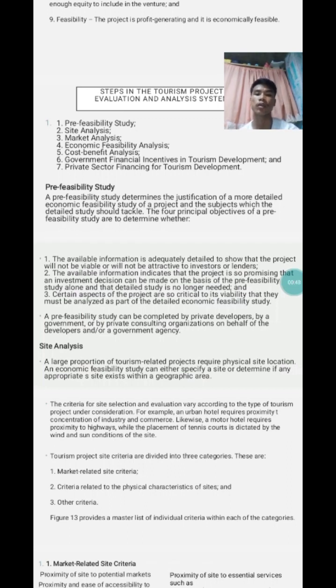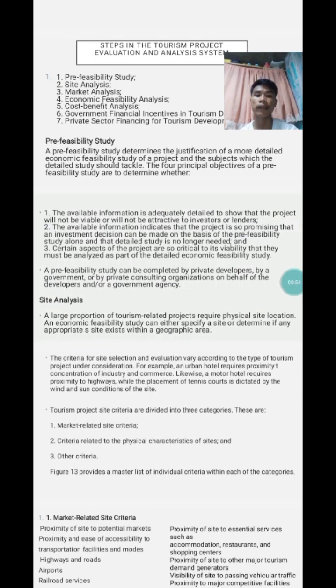The four principal objectives of a pre-feasibility study are to determine whether the available information is adequately detailed to show the project will not be viable or not be attractive to investors or lenders; whether the available information indicates that a project is so promising that an investment decision can be made on the basis of the pre-feasibility study alone, so that a detailed study is no longer needed; and which aspects of the project are so critical to its viability that they must be analyzed as part of the detailed economic feasibility study.